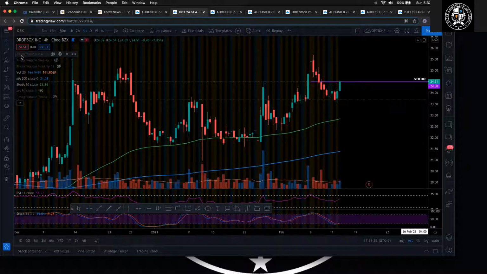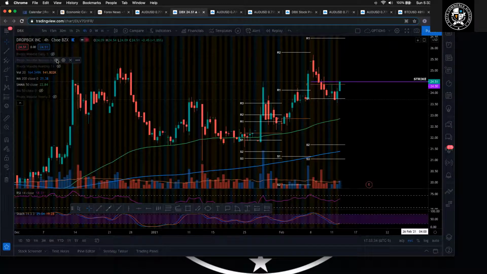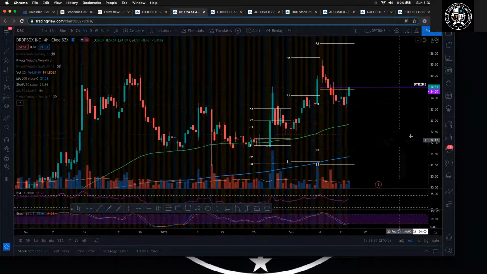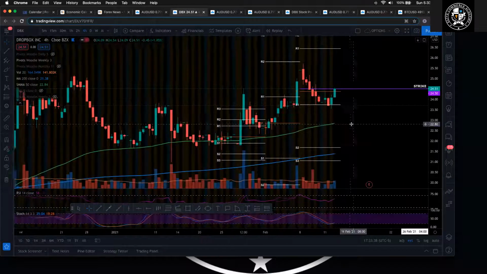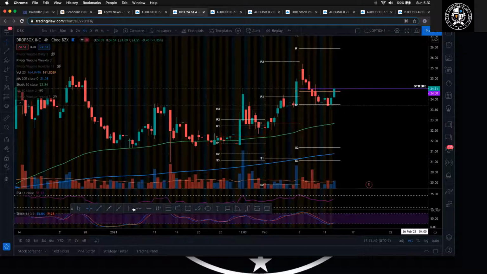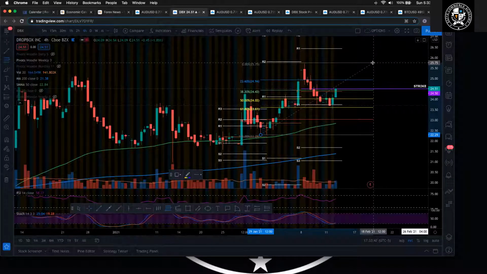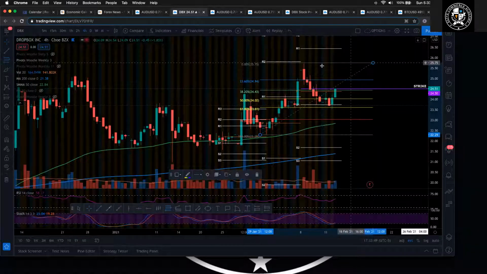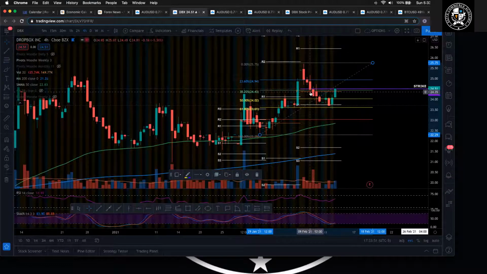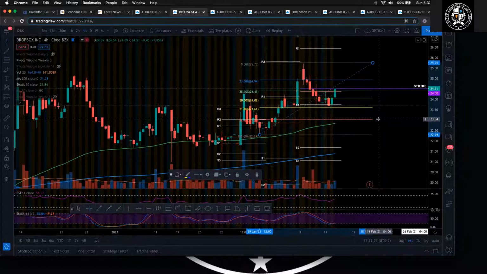So if I'm on a 4-hour chart and I look up the weekly pivot points, right? I'll look at the weekly pivot points, and then I'll take the Fibonacci tool and go from swing low to swing high. The pivot point is pretty much giving me the same entry that I already have.